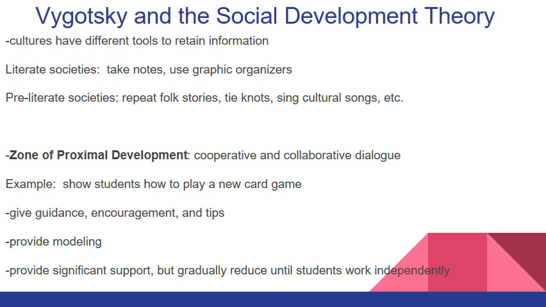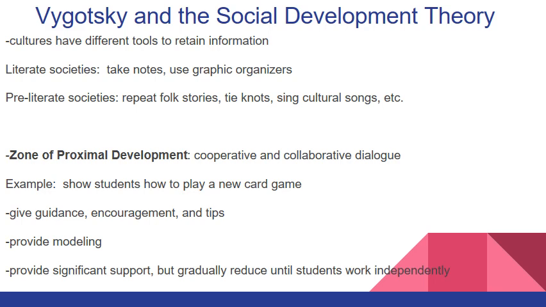An example of this cooperative and collaborative dialogue might be if you were trying to teach someone how to play a new card game. In the beginning, you would probably play in a low risk way in which everyone's card hands were available to be seen, and no one would necessarily be the winner or loser. It was just a practice round.